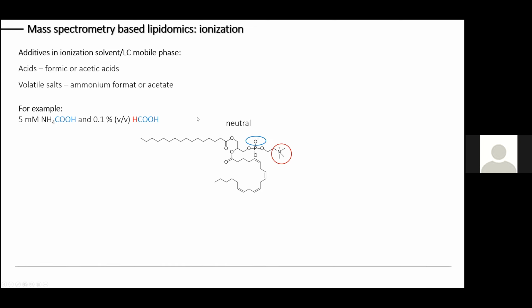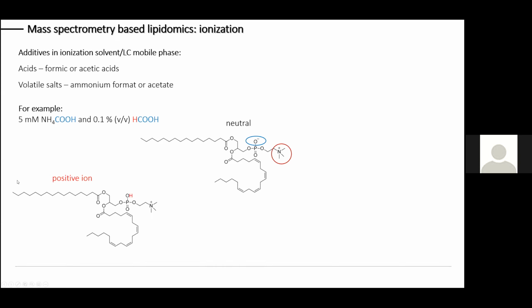And just to illustrate what really happens here: we have our neutral glycerophosphatidylcholine lipid. So those are the acyl chains and glycerol, and we have a phosphate group and our choline moiety, and the total net charge of this lipid is 0, but we have a negatively charged phosphate group and a positively charged trimethylamine group here. If we want to bring this lipid into an ionized state, we can do it either in positive or negative mode.